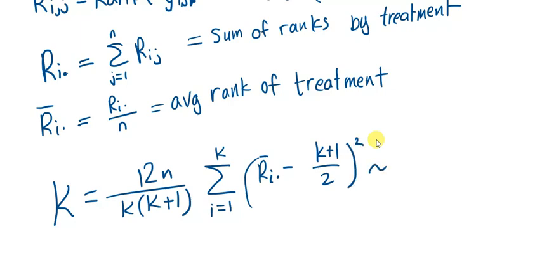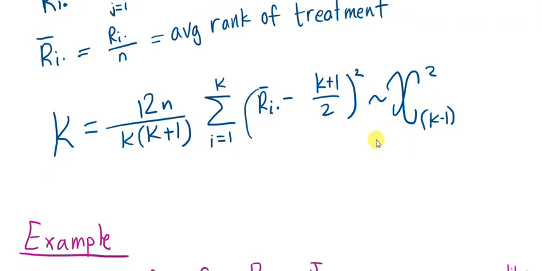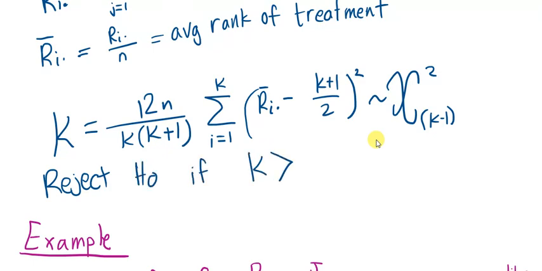This is distributed chi-squared with k minus 1 degrees of freedom. And so we reject H naught if Q is larger than some chi-squared with k minus 1 degrees of freedom at level alpha value.